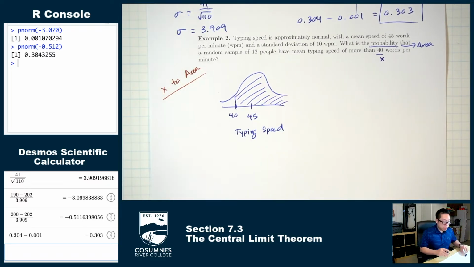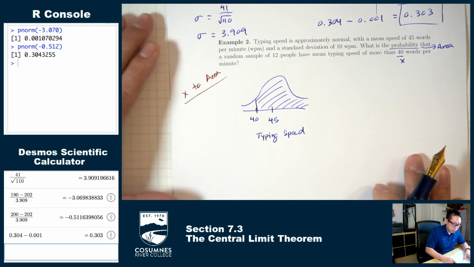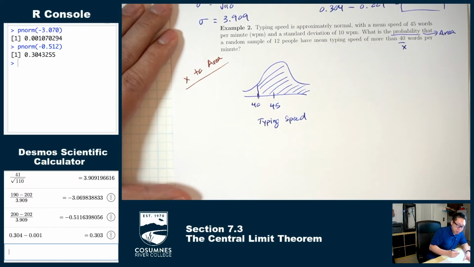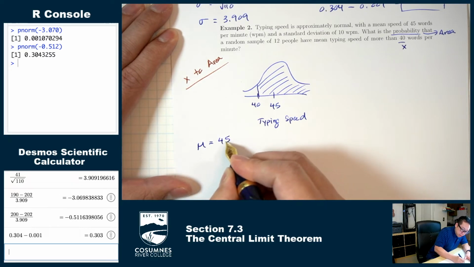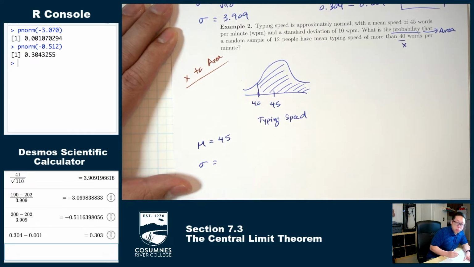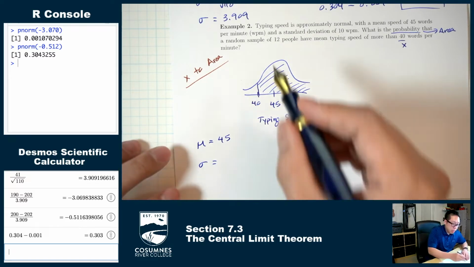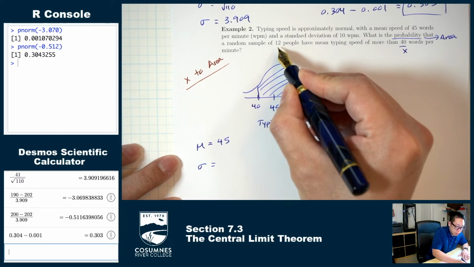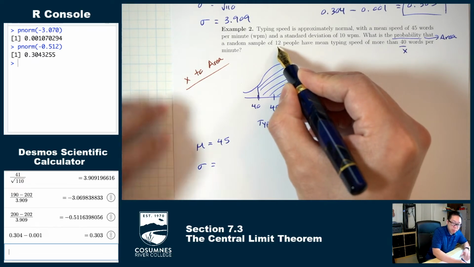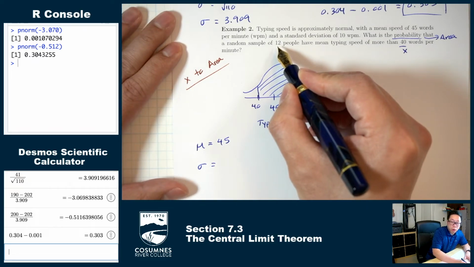And then the extra step compared to the last section is I need to write down my mean and my standard deviation. My mean stays the same, that I don't need to worry about. My standard deviation I do need to worry about. I am given the sample size, 12, so I do need to adjust my standard deviation by dividing by the square root of 12.